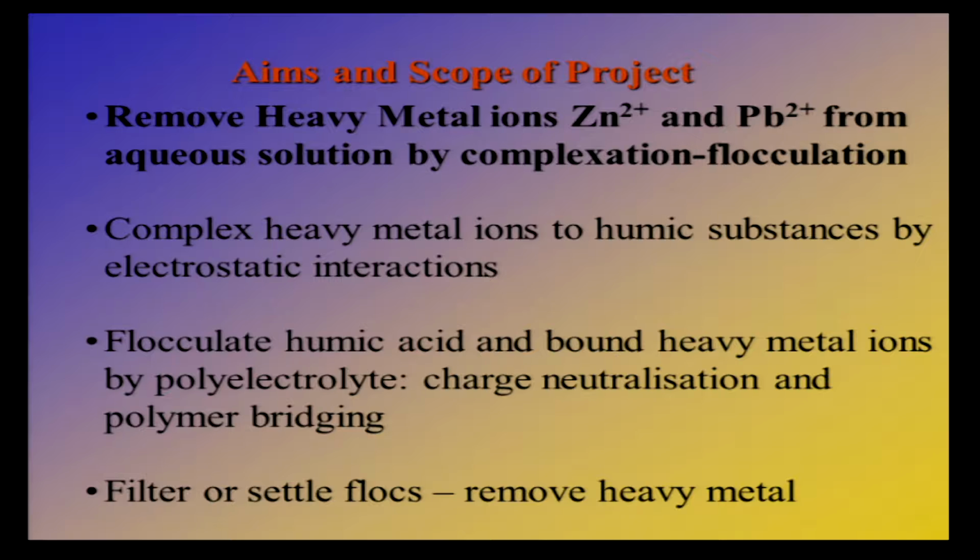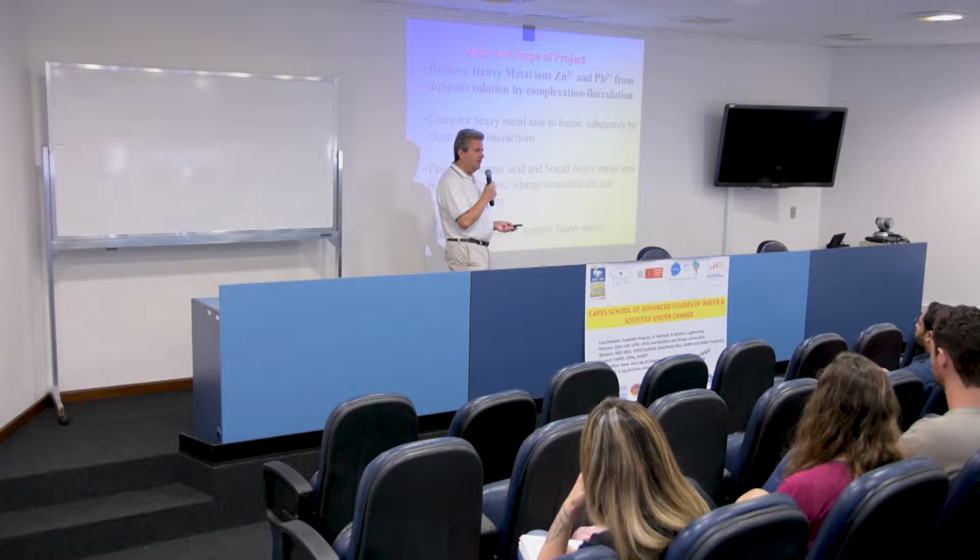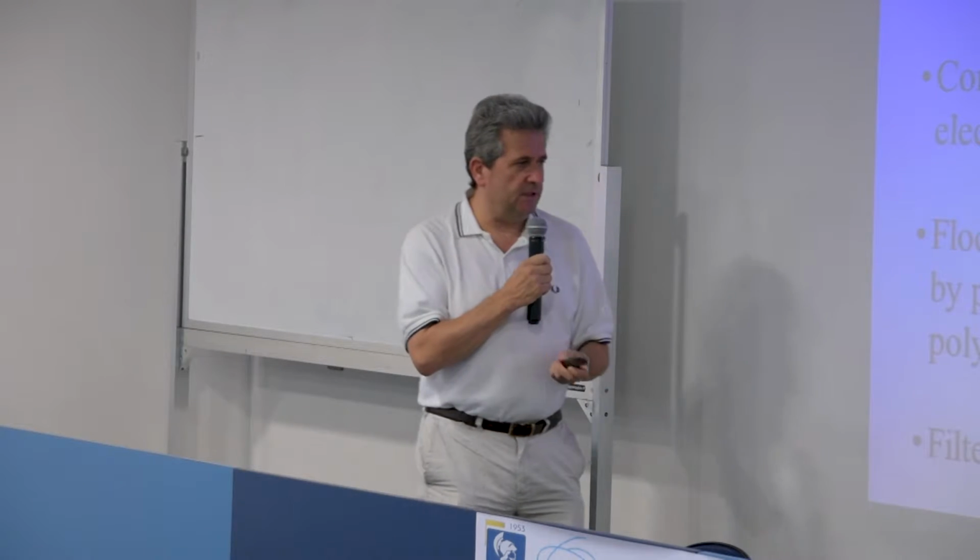So we complex the heavy metal ions to the humic substances, the humic acids, by, in this case, electrostatic interactions. And then we add a polymer. So what happens is the humic acid and the heavy metal ions that are bound will be flocculated by polyelectrolyte. What the polyelectrolyte does is it cancels the charges in the system, and when the charges have been neutralized, everything starts to coagulate and stick together because of hydrophobic forces.